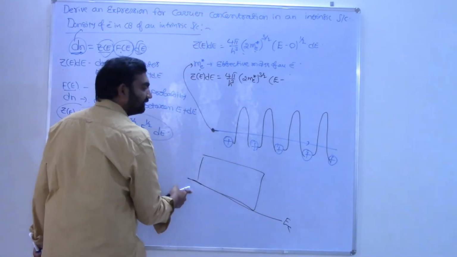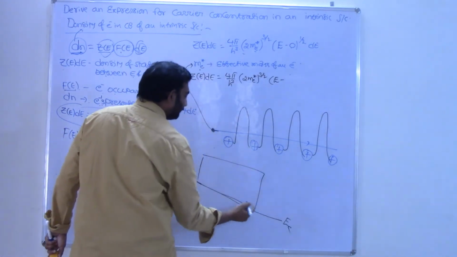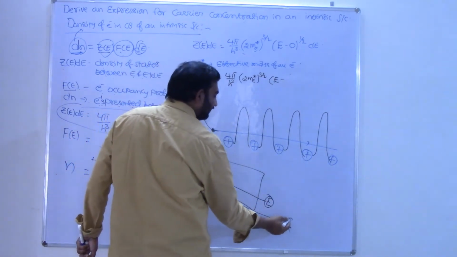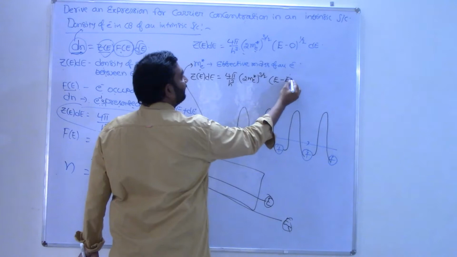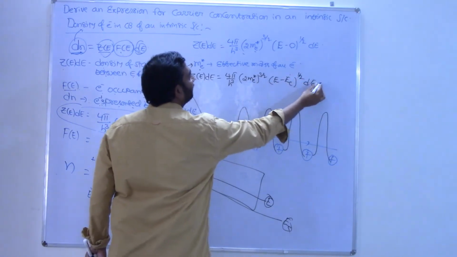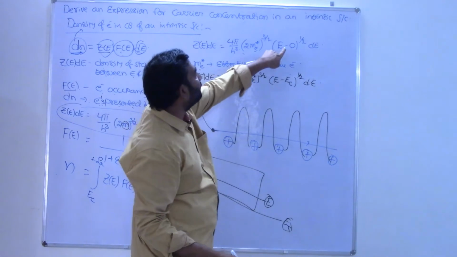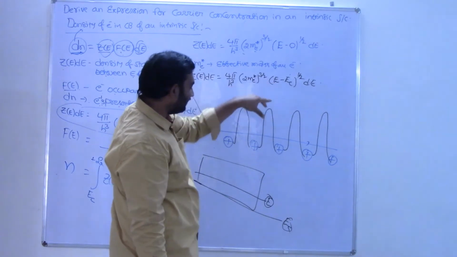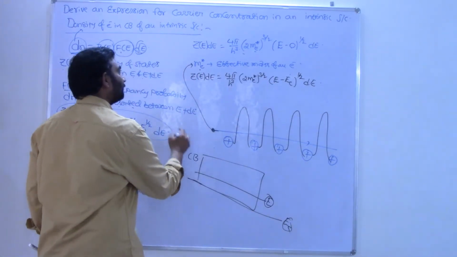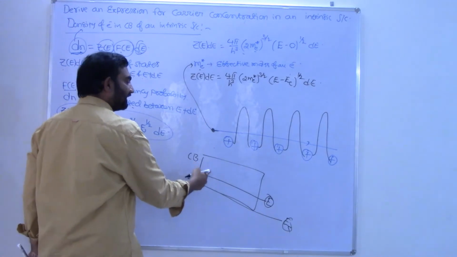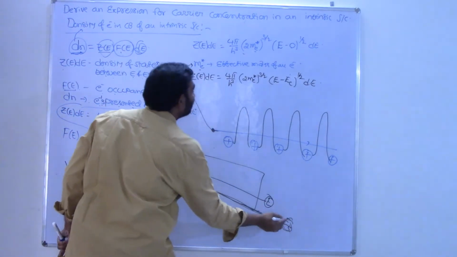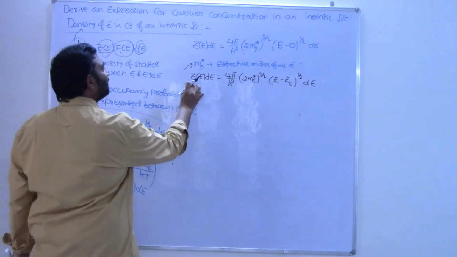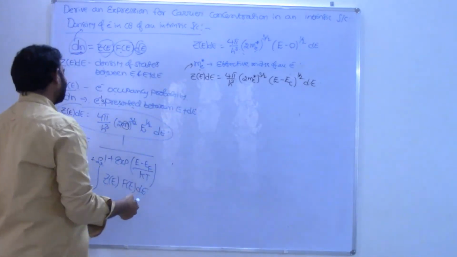Somewhere here you can find E. Since E is greater and EC is lower, we can write (E minus EC) whole to the power of half into dE, instead of E minus 0. The least energy level in this formula is 0, but when we apply this formula to the conduction band of an intrinsic semiconductor, the least energy level is EC. So I am replacing this minus 0 with minus EC. So I simplified Z(E) into dE for the case of the conduction band.